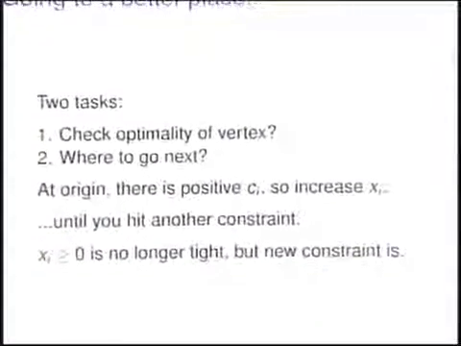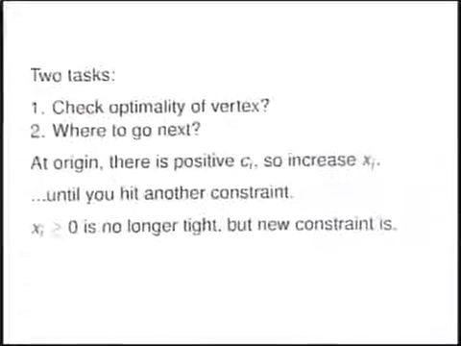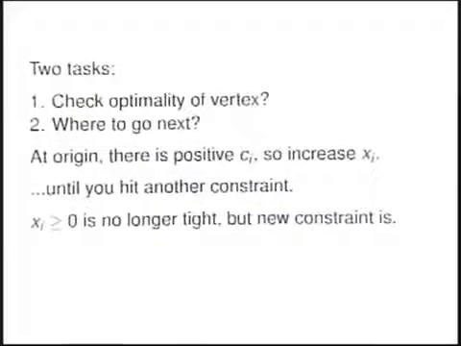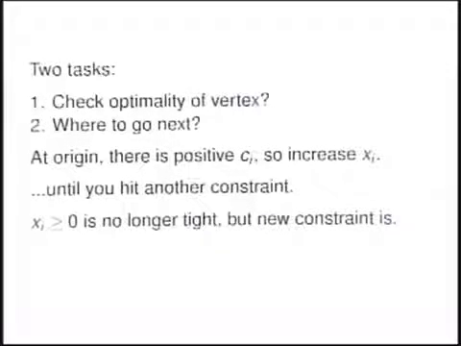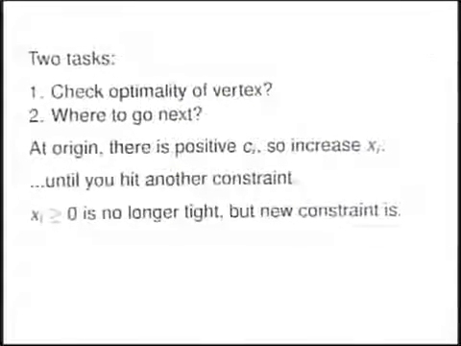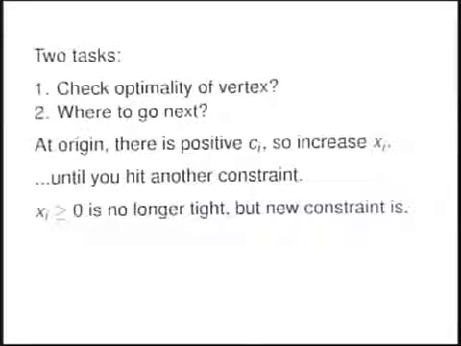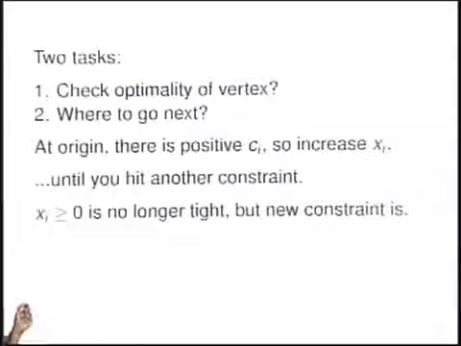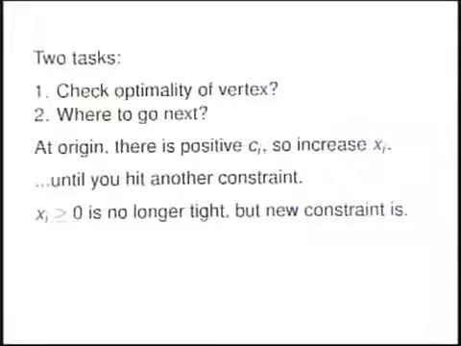The way to find those constraints is pretty easy, because all the values at the origin are set. You know them all except for the one you're changing. For each one of the constraints, it's an equation with these n variables, and n minus 1 of them are fixed. So you can solve for the xi at which it becomes tight, and you just pick the smallest xi.